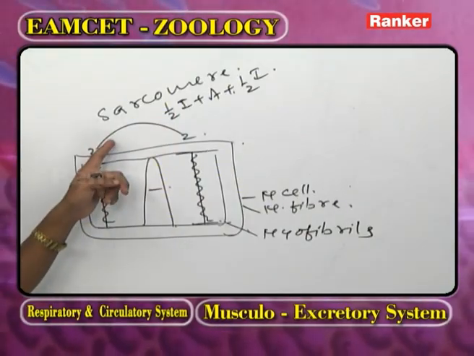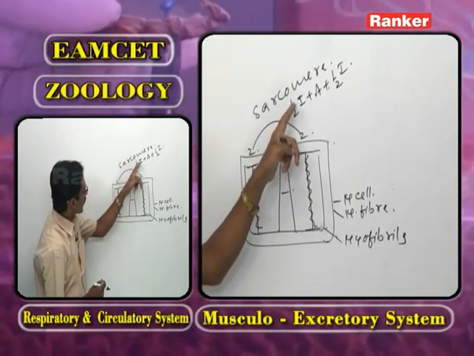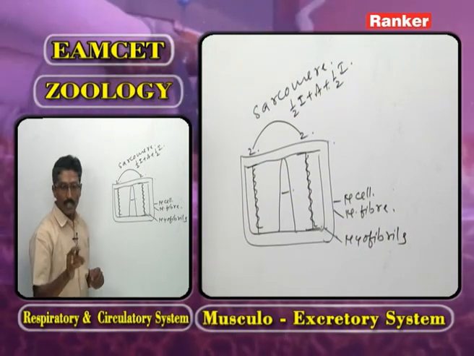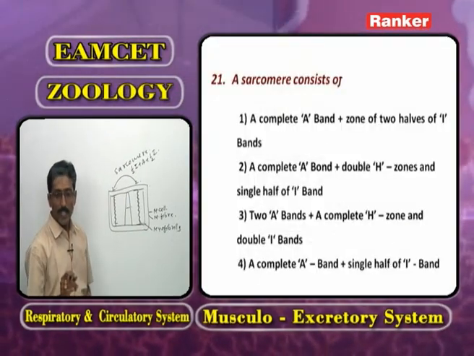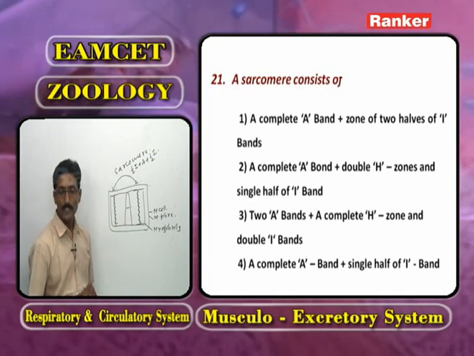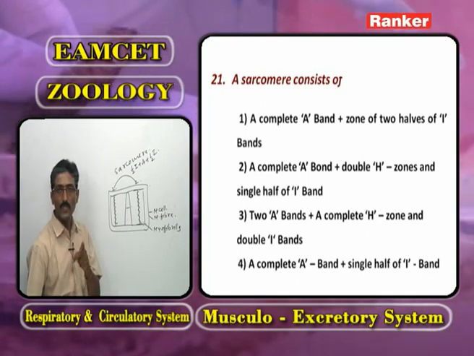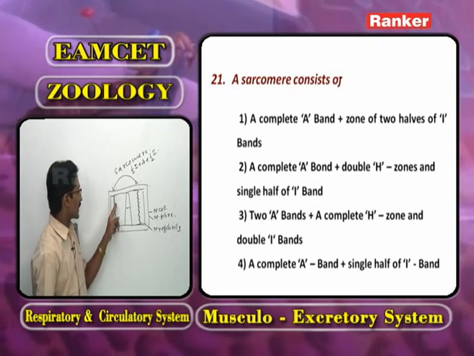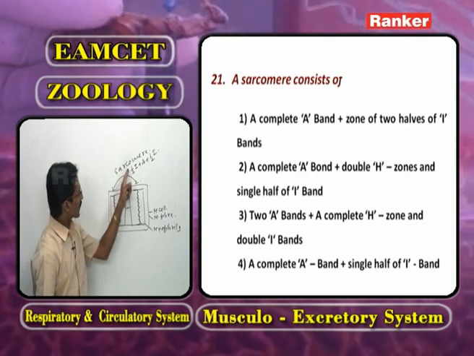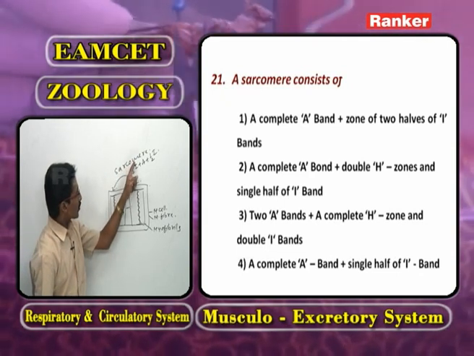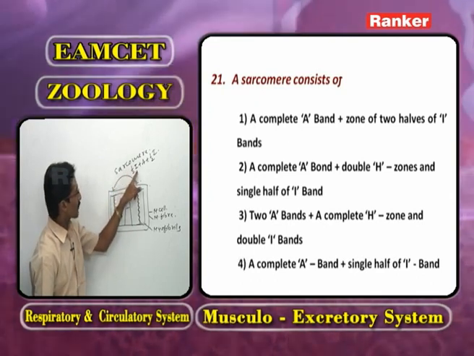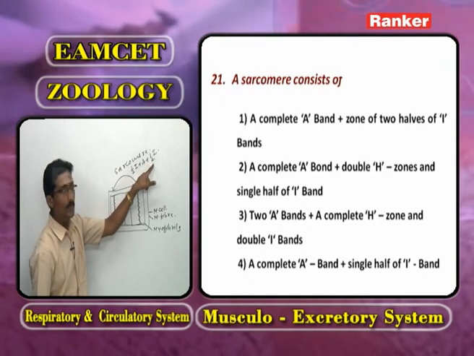So, in the sarcomere, part of I, complete A, part of I. Now we observe, a sarcomere consists of a complete A band plus 2 halves of I band. This is part of I band, part of I band. So that one we call sarcomere, the distance between two Z lines.